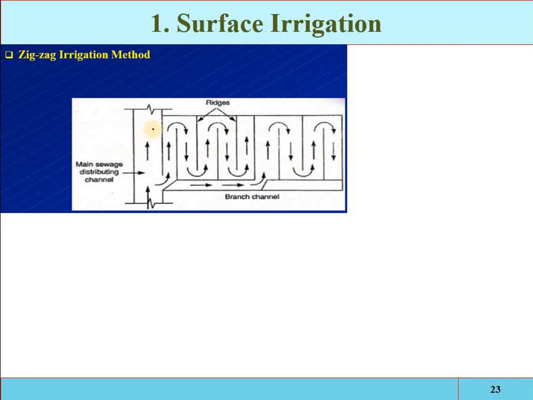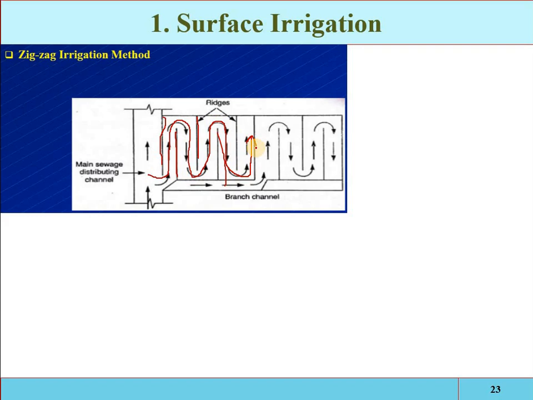So then what we can do is divide the field across the slope into small rectangular forms. Here you can see, the water is introduced at the upstream area. Now the flow of the water will be guided by the levees or ridges in a circuit form. You can see that the water is moving. So this is called the zigzag irrigation method.